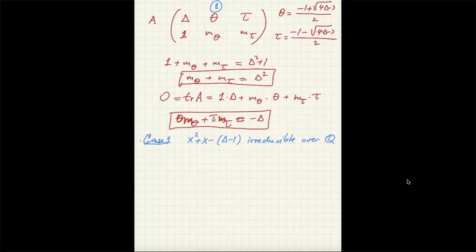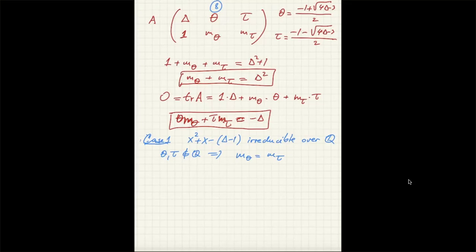So what does that mean? It means that theta and tau are irrational numbers. And I claim that in this situation, the multiplicities m theta and m tau must be equal. Now, this is true in a more general setting, but let me give you the proof from scratch here.